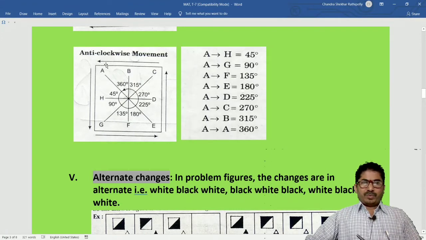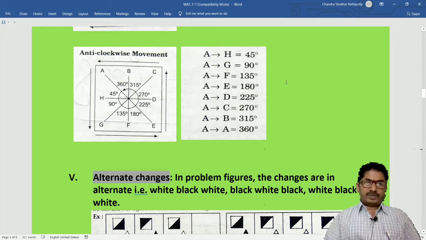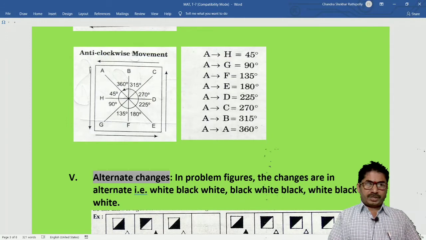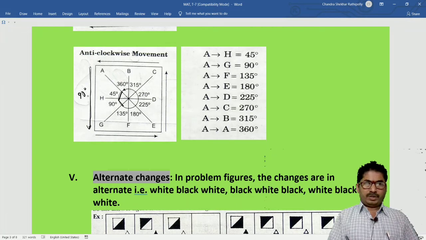Now anti-clockwise movement or anti-clockwise rotation. So this side, ear to ear 90 degrees. So half of that is 45 degrees.